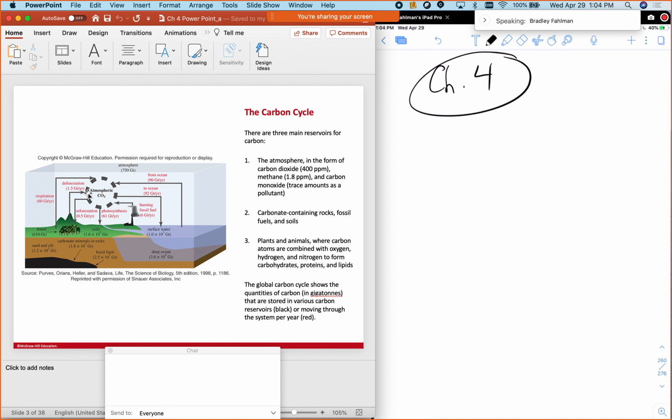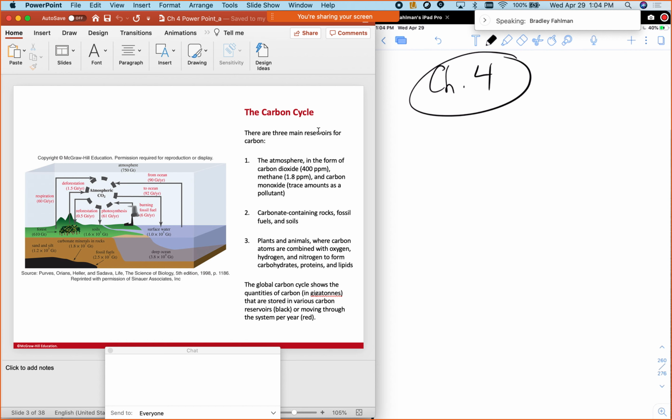But if you're familiar with some of these, it might be one question that talks about the carbon cycle, as far as what are places that store it.